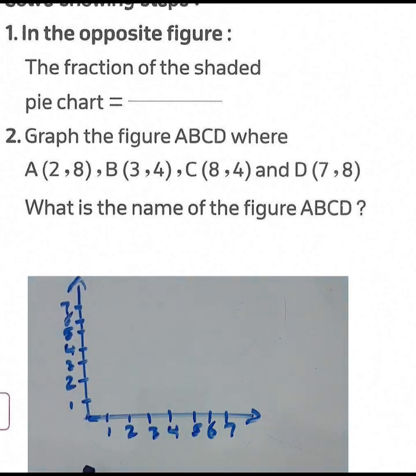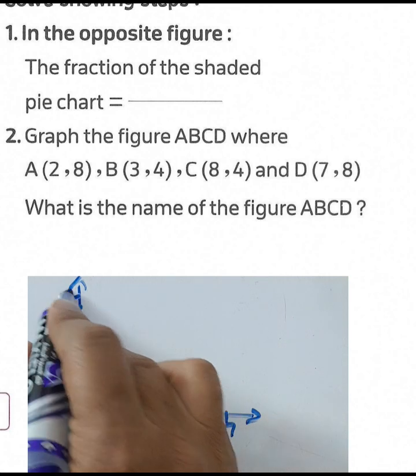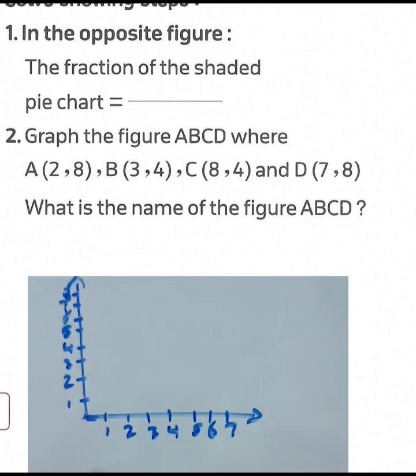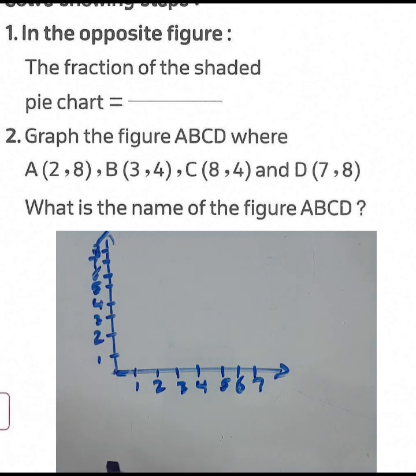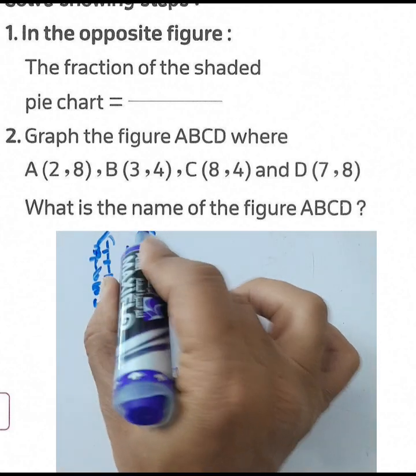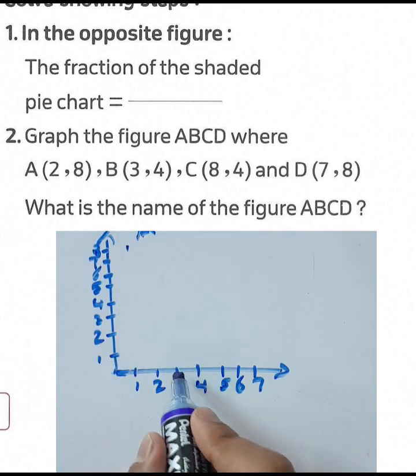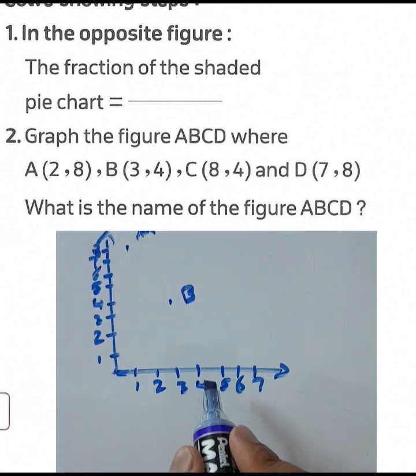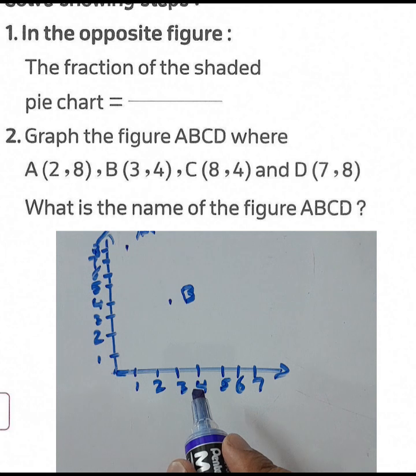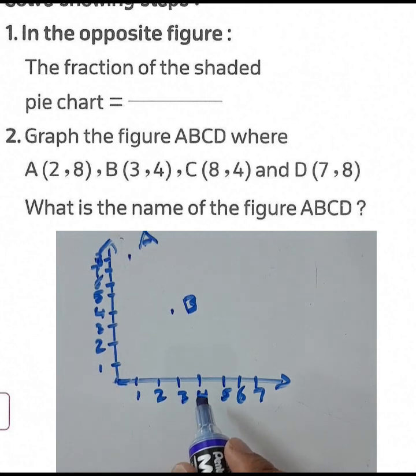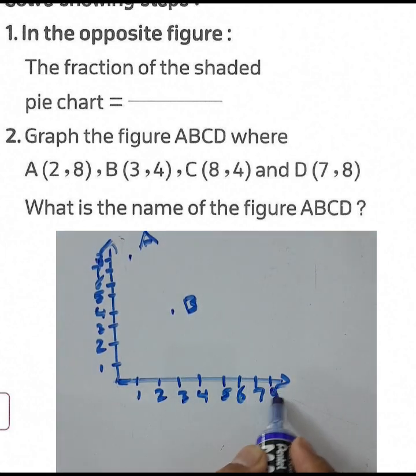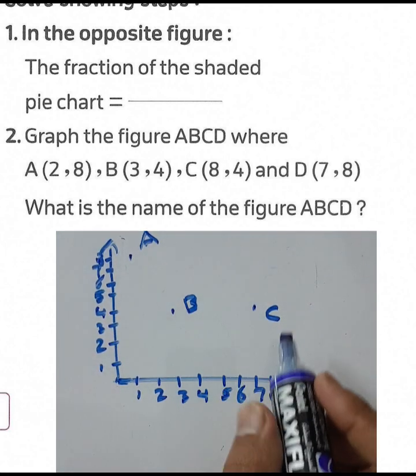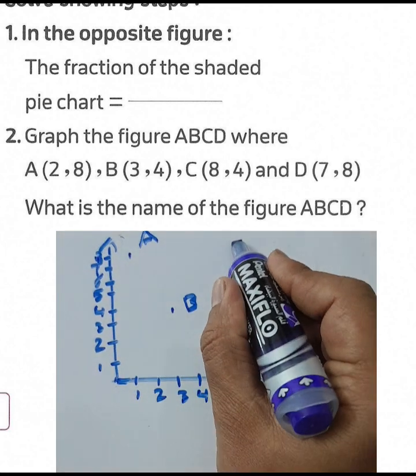The first point is 2 and 8, coming from 2 and going to 8. Can you see this? Okay, point A is (2, 8). Point B, 3 and 4. Point C here, 8 and 4. Point D, 7 and 8.